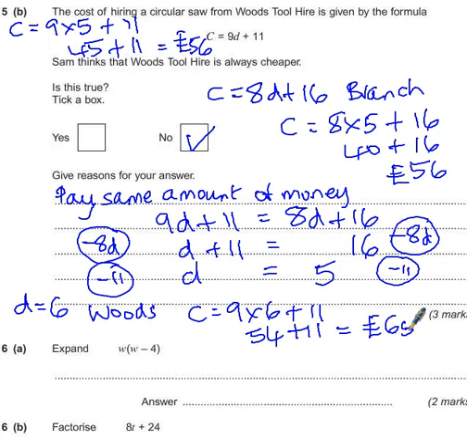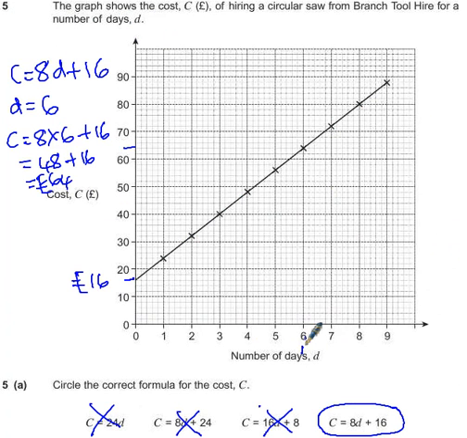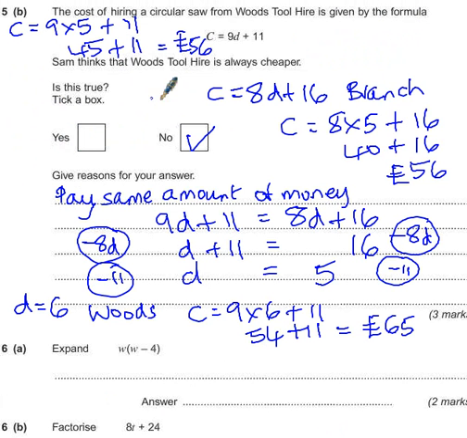So at Woods it's £65 for 6 days, and if we refer back to our graph, we can see that we showed here that for 6 days Branch was £64. So Woods was £65, which was more expensive. So that again shows that Woods is not always cheaper. And we answered no.